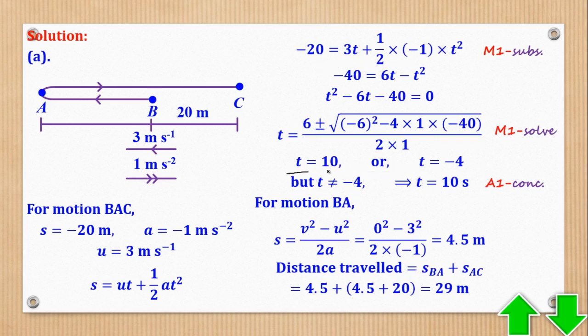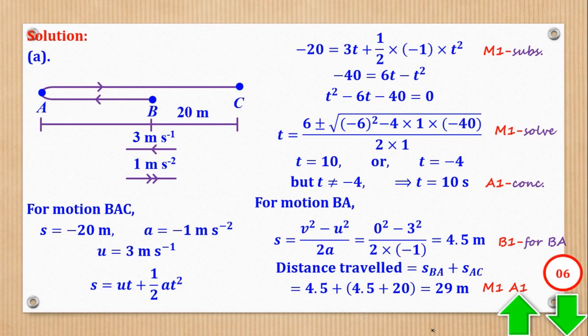So if you stop here by giving two values of t, then you lose the accuracy mark. Accuracy mark will be got by concluding. Okay, then this one also getting the distance BA, then M1 also adding all the distances, and A1 for the output. So that's how you could get the 6 marks in part A.